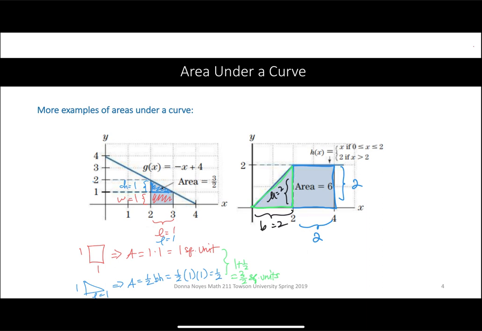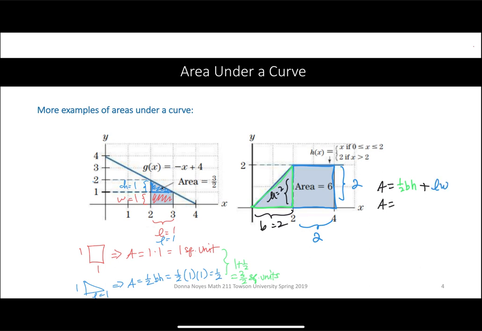So if we were to look at what this means in terms of area, our total area would be the area of the triangle, which is 1/2 base times height, plus the area of the square, which is length times width.